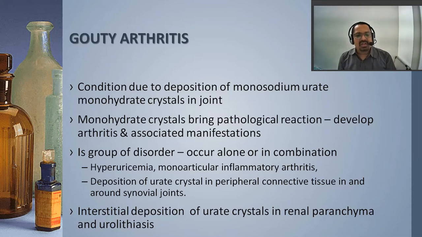It is a group of disorders occurring alone or in combination with the following disorders: hyperuricemia, monoarticular inflammatory arthritis, and deposition of urate crystals in the peripheral connective tissue in and around the synovial. So individually or in a group these various symptoms come together to form gouty arthritis. There is also an interstitial deposition of urate crystals in the renal parenchyma.